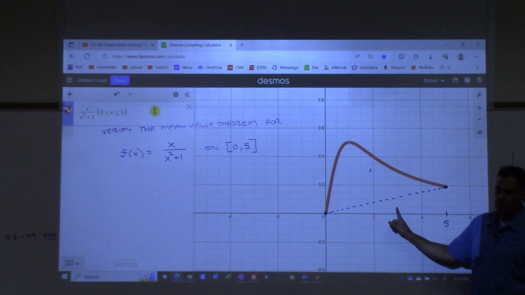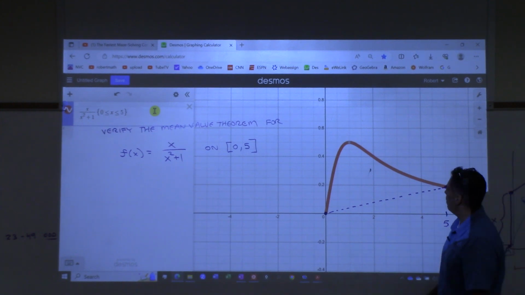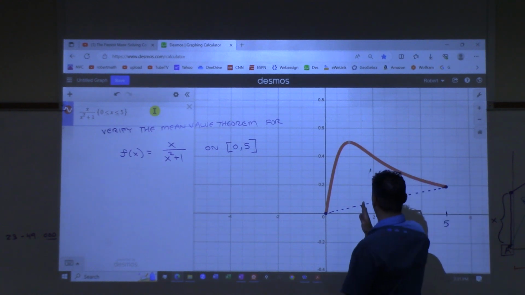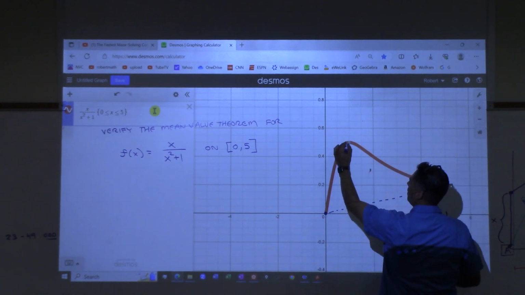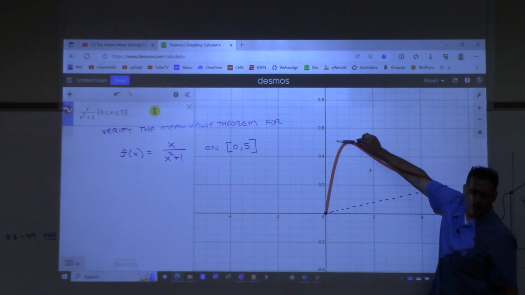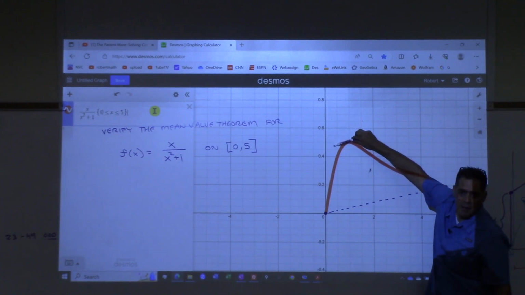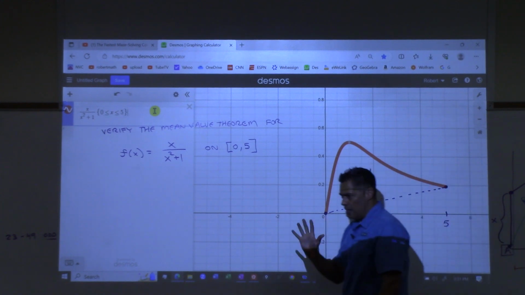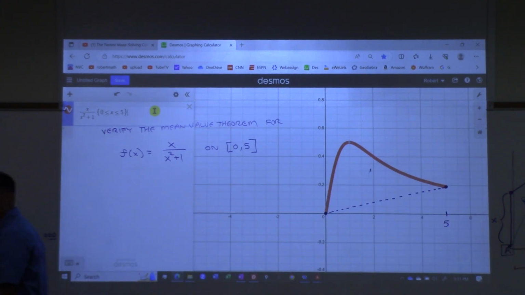You'll see where it is, maybe somewhere around here. It's not that highest point, is it? No, because at that highest point the slope is 0. We need it to be maybe a little bit over here. Understand the geometry of what's going on?